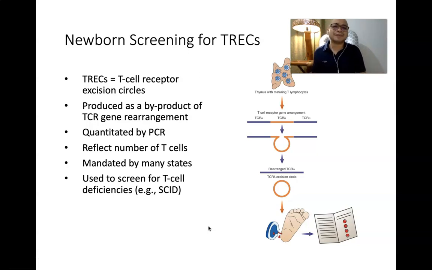So usually, in newborn screening, we are screening for the TRECs, or the T cell receptor excision circles. So these TRECs are produced as a byproduct of the TCR gene. So we usually quantitate TRECs by means of molecular diagnostics such as PCR, so that we'll be able to evaluate the number of T cells that are present.